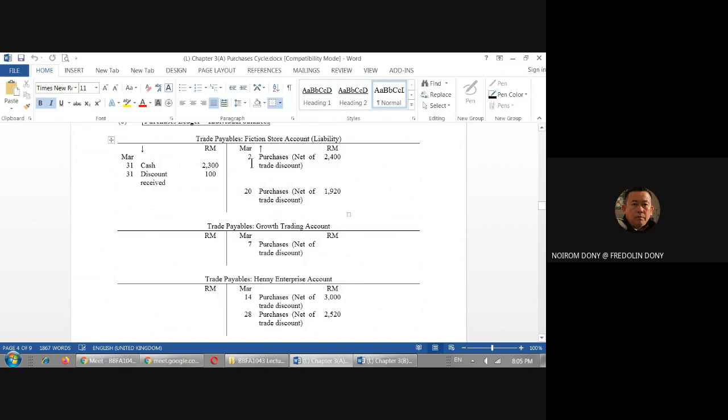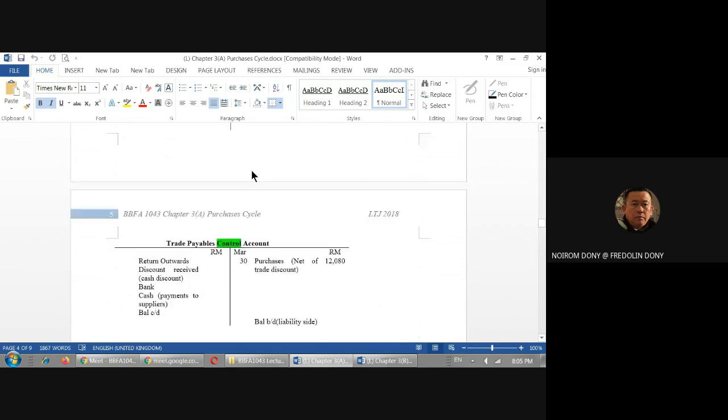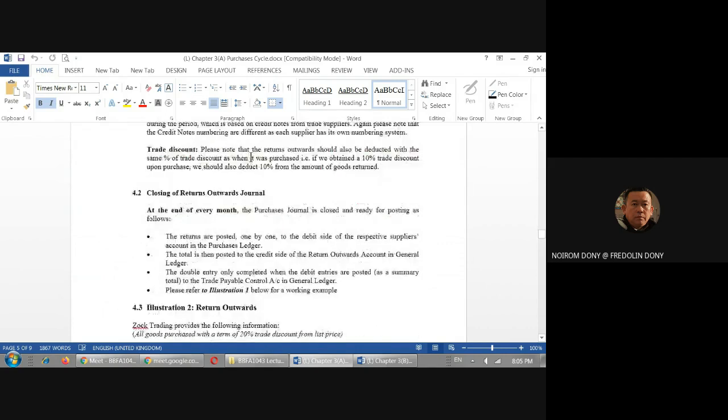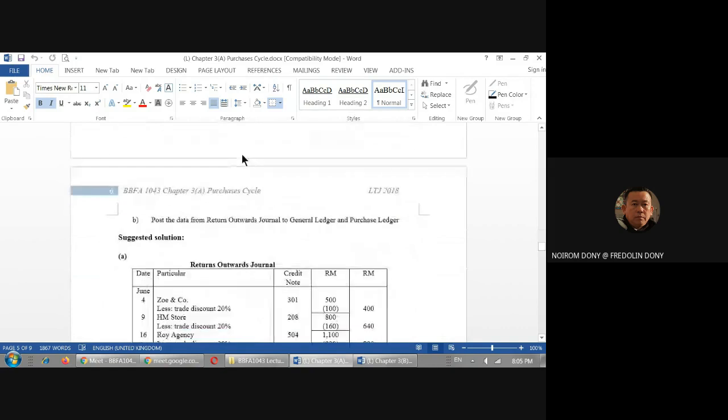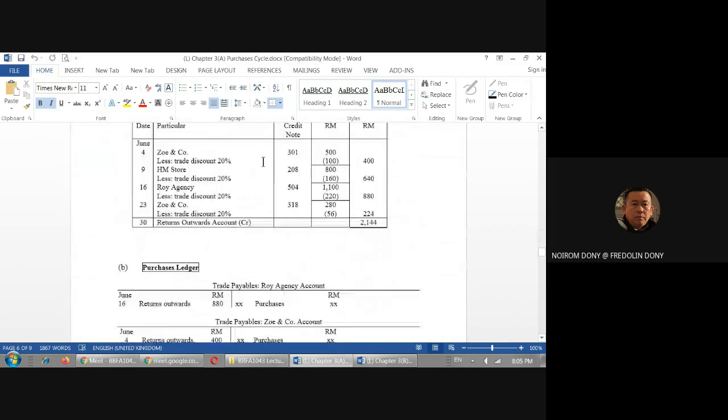Now the possible debit in the trade payable: remember, a transaction that reduces the liability, such as when the business makes payment by cash, will be recorded on the debit side because it reduces the trade payable amount. That is what we covered last Monday.